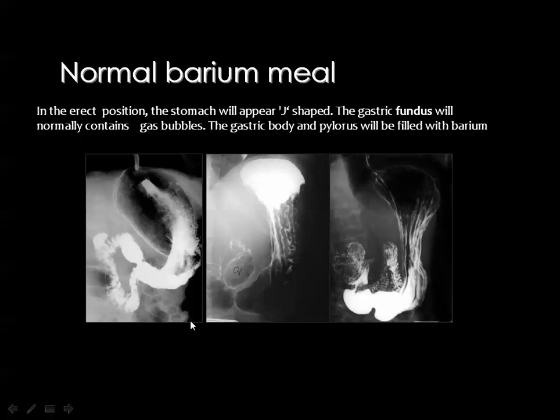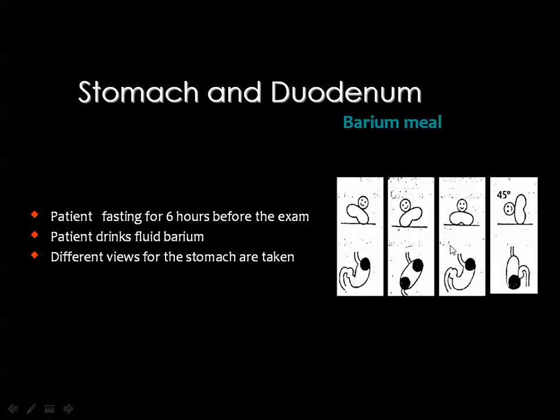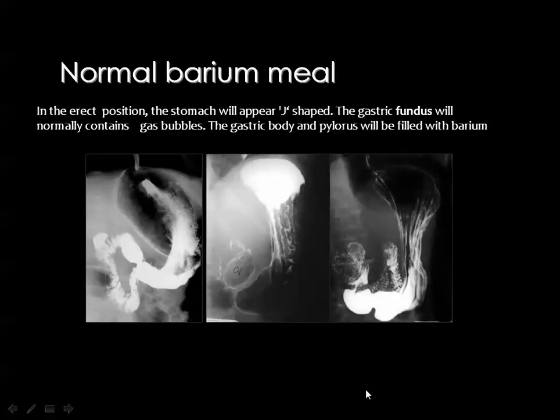Then we radiograph the stomach in different positions while the patient is lying in the supine position or elevating his left side or right side, or putting the patient into the lateral position, aiming at radiographing every part of the stomach, once filled with barium and another time filled with air.